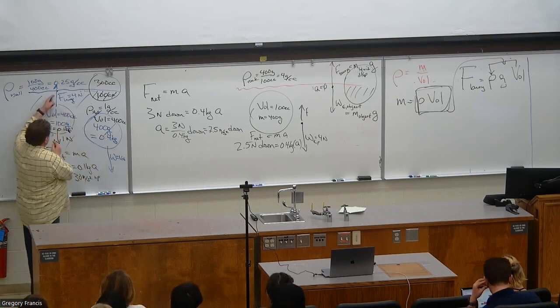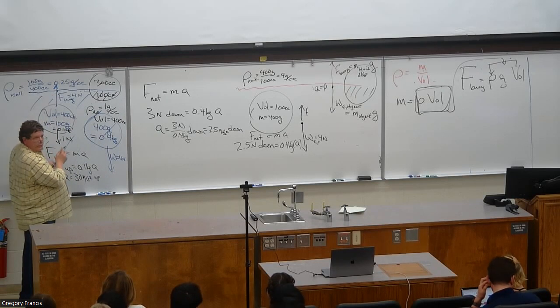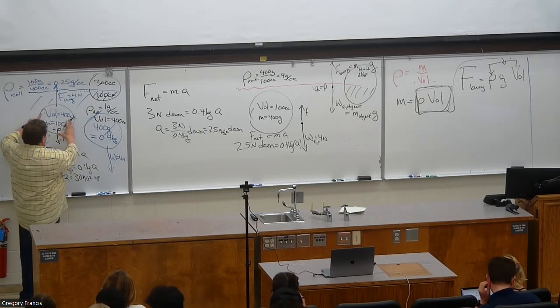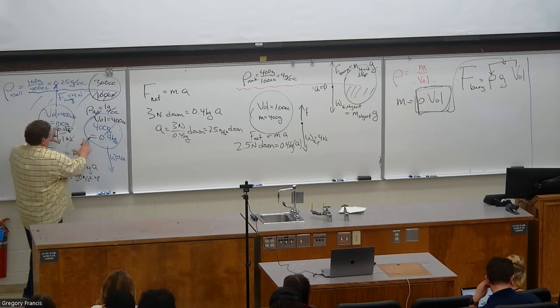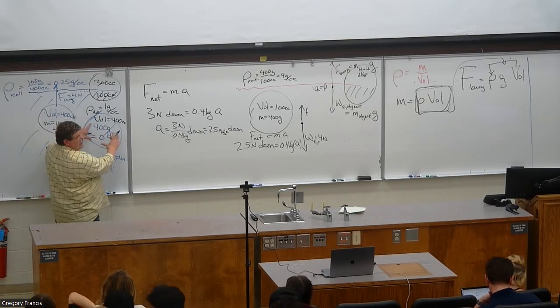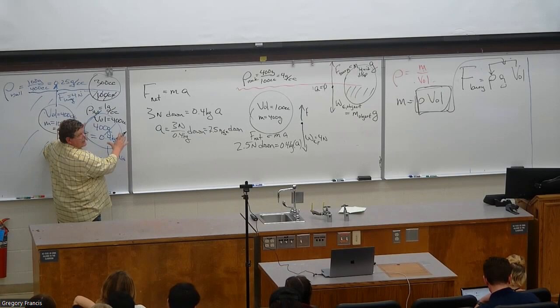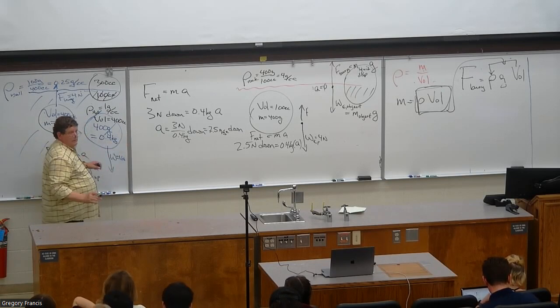And that's why this buoyant force is bigger than the weight: this ball only weighs 1 Newton, but the ball of water it displaced, or pushed out of space, was 4 Newtons. Okay, thank you. You're welcome.